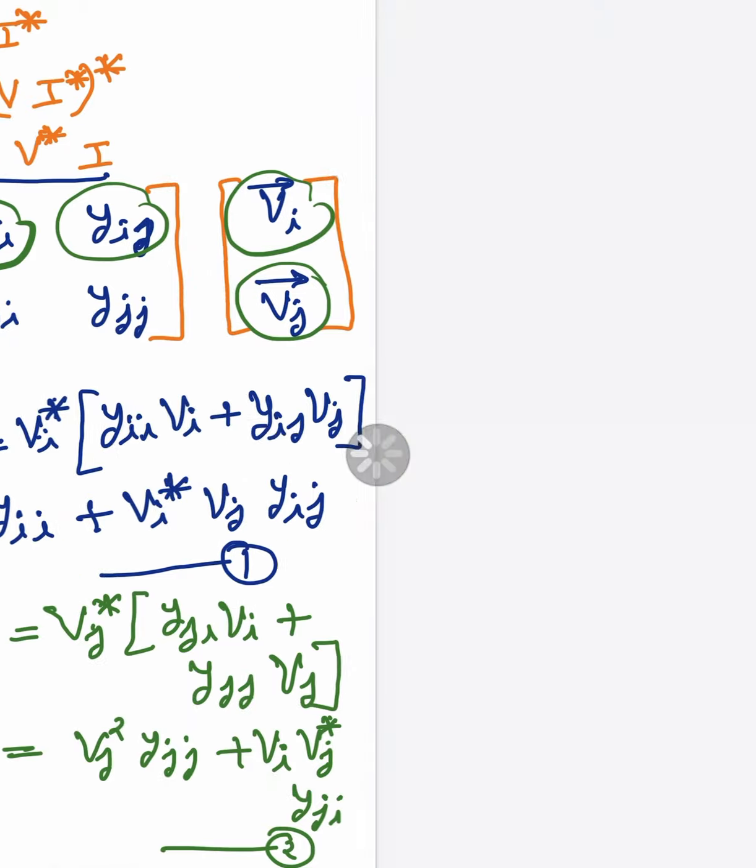Okay, next is Si. Next equation you can take, next equation is Si dash j conjugate. Okay, so you can write like this, that is Vi dash conjugate I dash j, and is equal to, what is the value of that? So simply, in the previous we have seen what is the value of Vi conjugate.